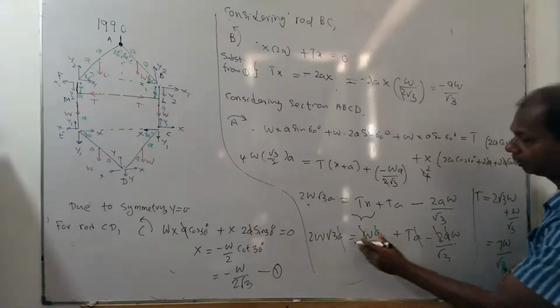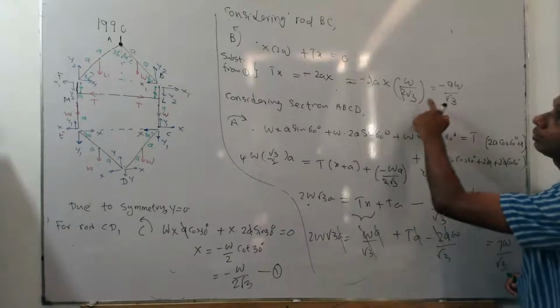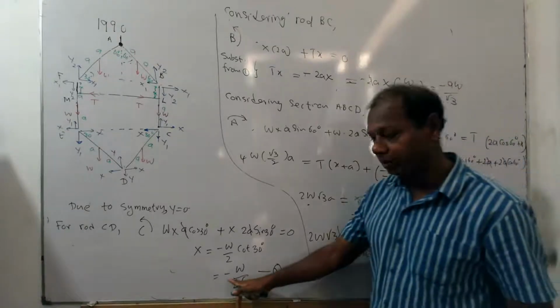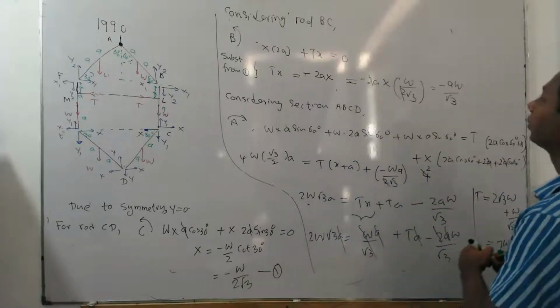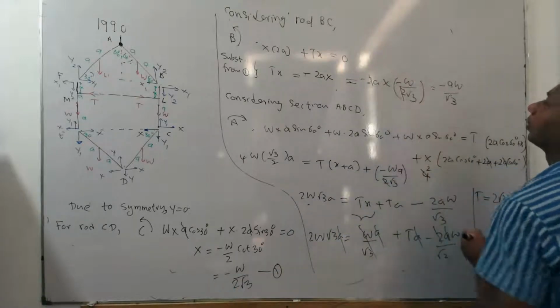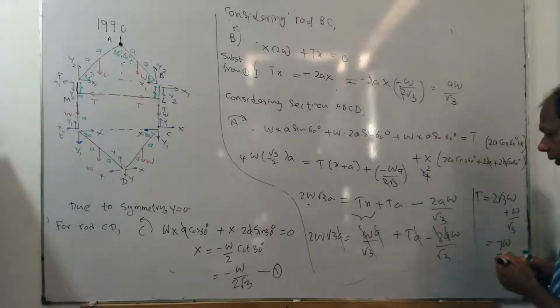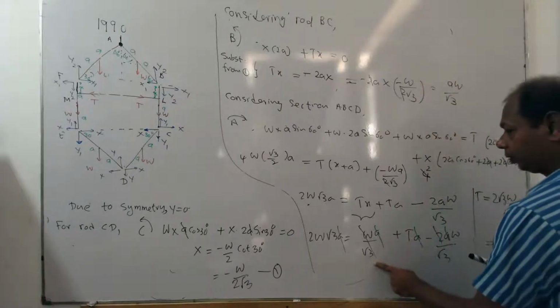I put minus, and what I am doing here is px equals minus minus x, when x is minus, so this will become plus. So AW over root 3, right, I have put AW over root 3.